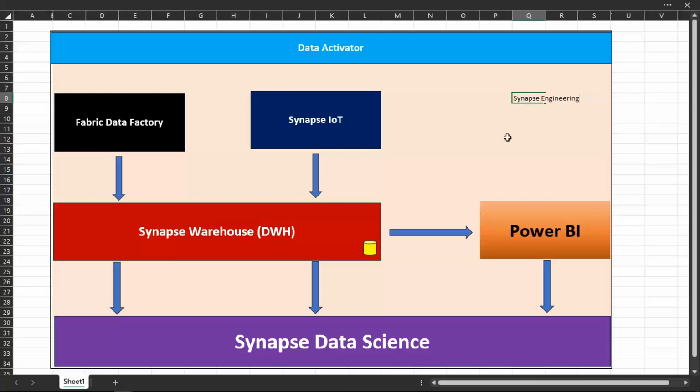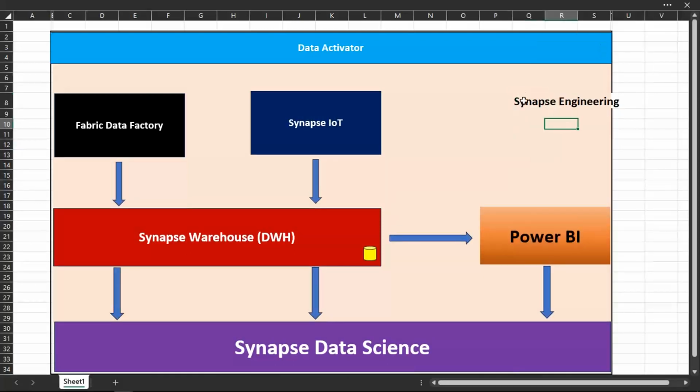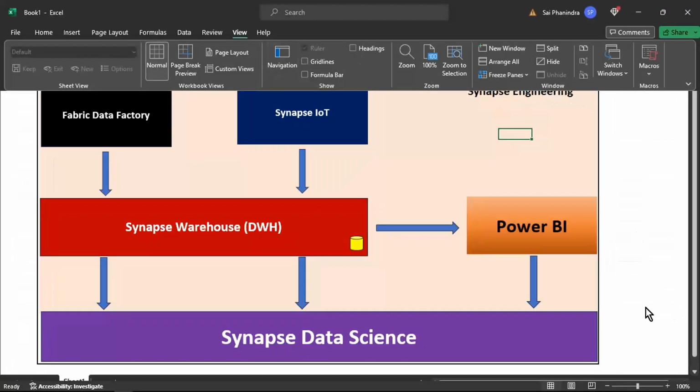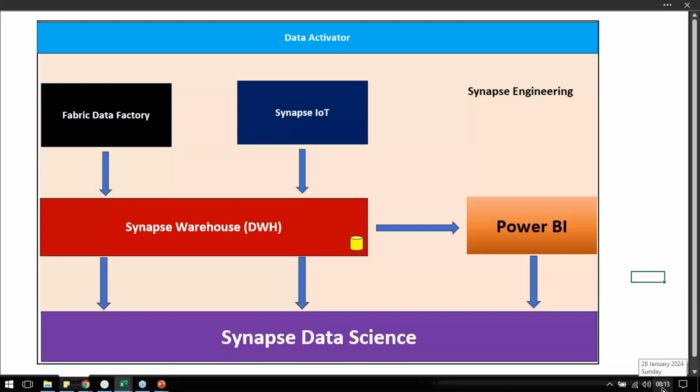Practically speaking, this diagram should give us the dependency, I'll just put it this way, a dependency chart, implementation chart for all components available in Synapse as on date.